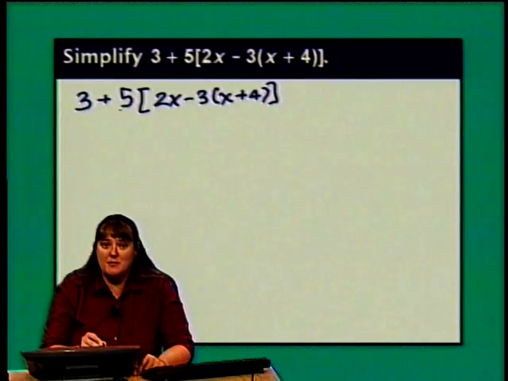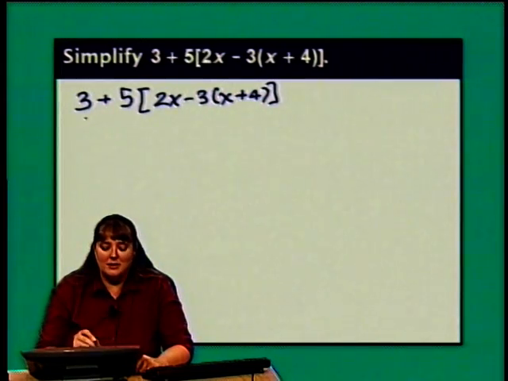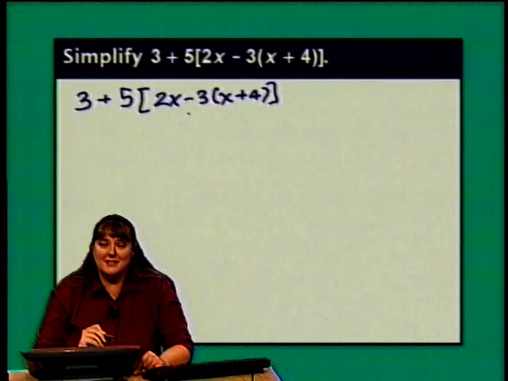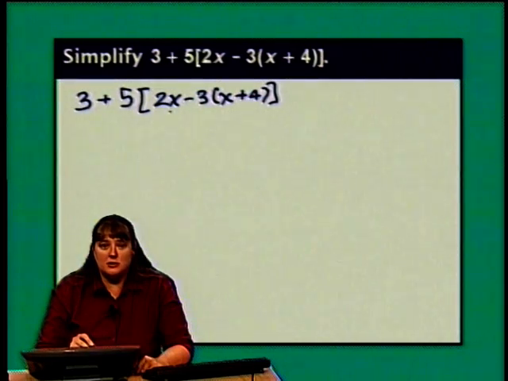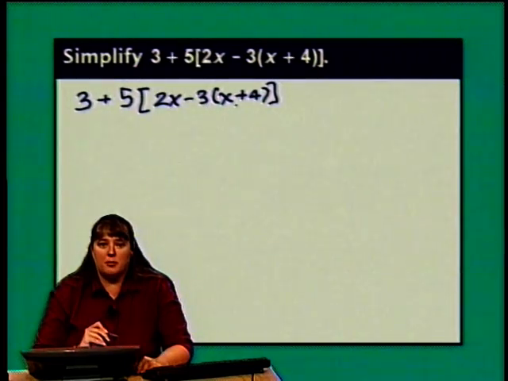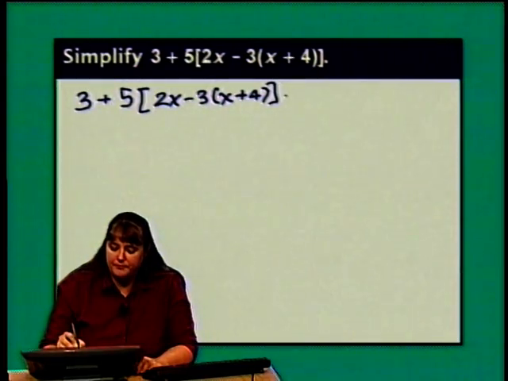So it's going to be a long time before I can add the 3 to whatever I have left here. I need to start inside my grouping symbols and start with my innermost grouping symbols. In this case, I'm going to look at this as 2x plus negative 3 times the quantity x plus 4. So I'm going to distribute the negative 3 through the parentheses around the x plus 4.